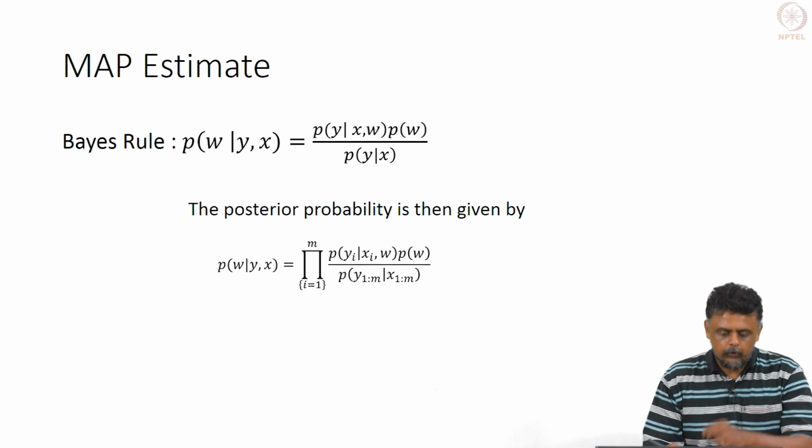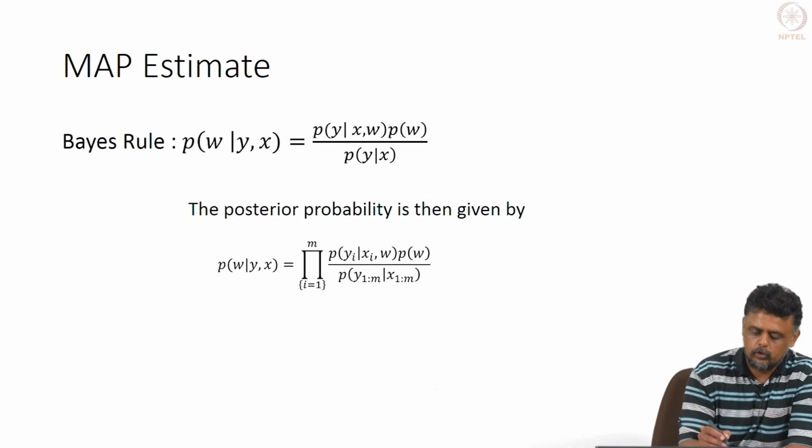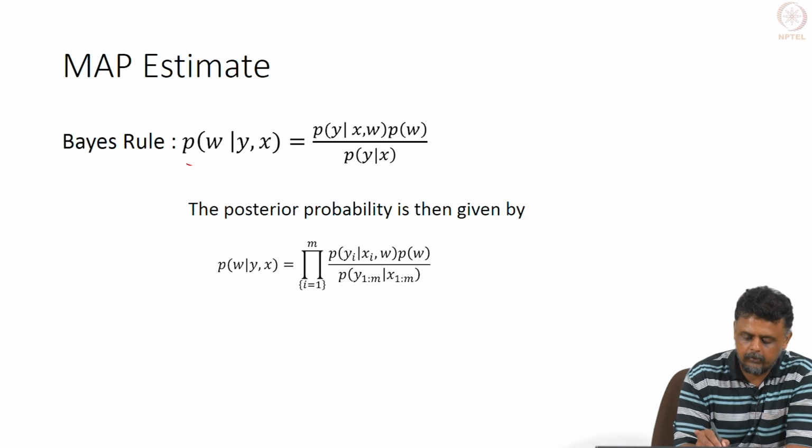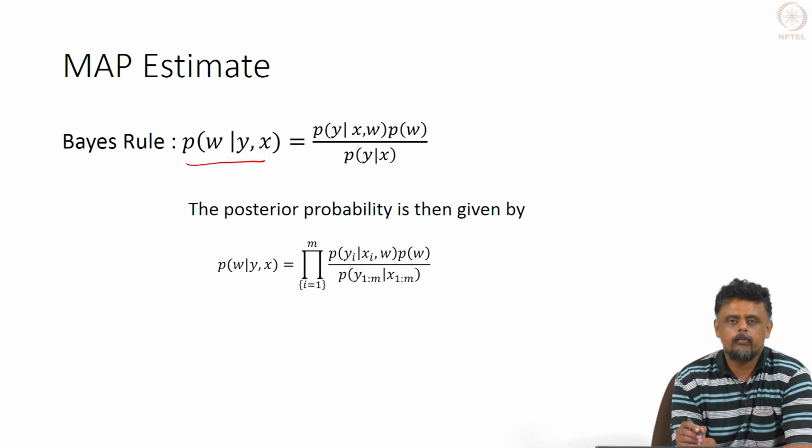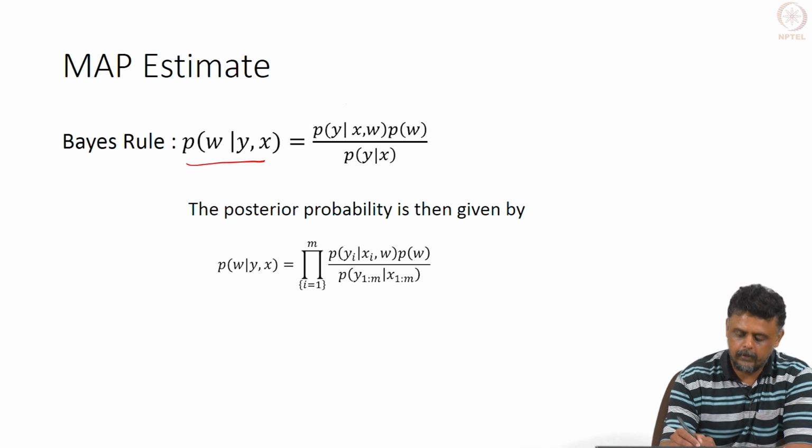Now, if we use Bayes rule, basically we want to calculate the probability of W given y and x, given the data. So, y comma x is the training data pair. Then using Bayes rule we can write it in this form, where this is our likelihood and this is the prior.